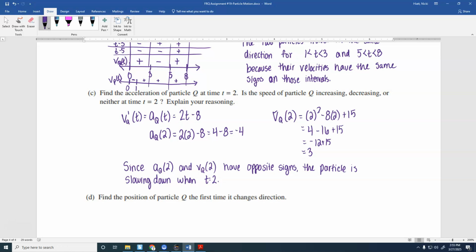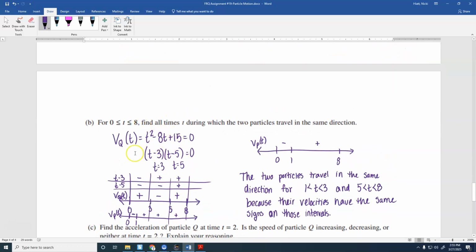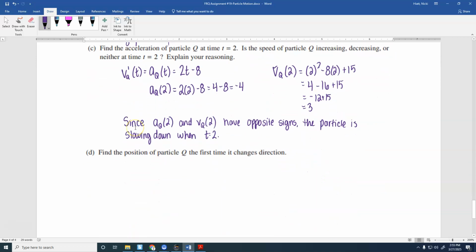They gave us velocity. We do not have position. If they asked us for particle P, we just have to plug a number in, which they might do, kind of like they did up here on this velocity right here, where they just gave you the equation. They might do it to see if you're paying attention in a problem like this where they've given you two different things. But in this case, we don't know position.